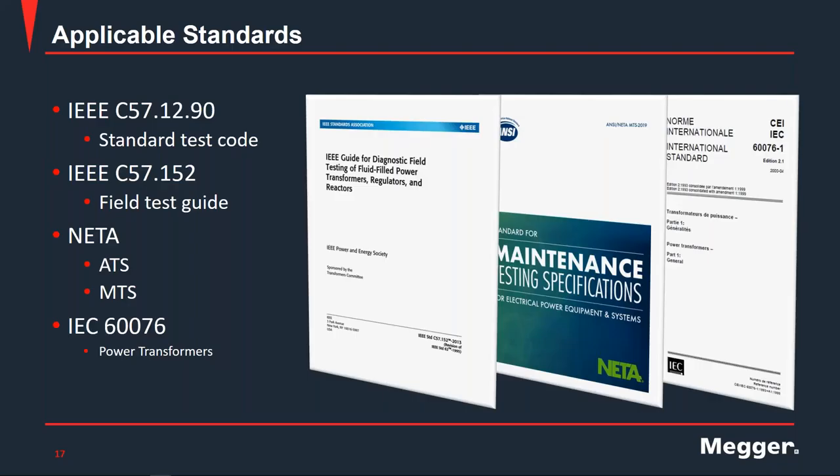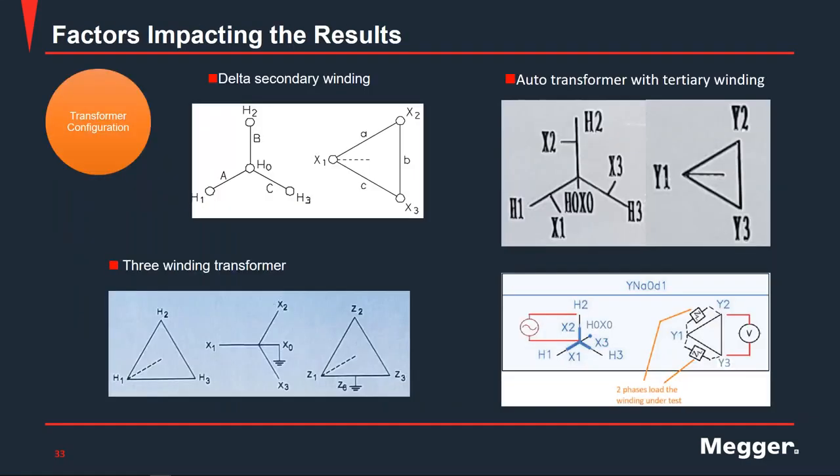Additionally, for turns ratio testing, if you run into a zigzag or non-ANSI vector configuration diagram, the method by which you would test would be quite different than testing a regular DY or YY transformer. So based upon the configuration and the type of transformer, your testing practices and what kind of test you do would vary.